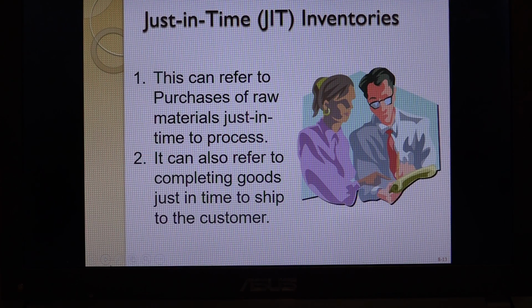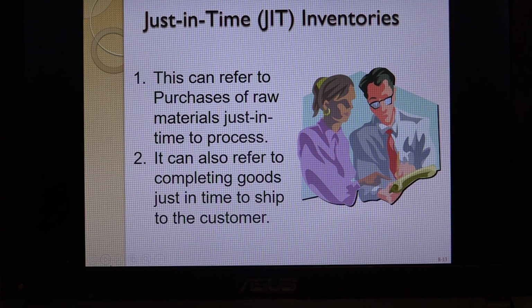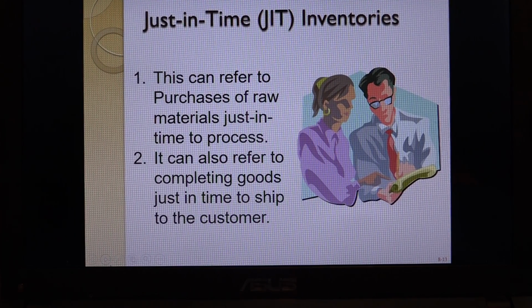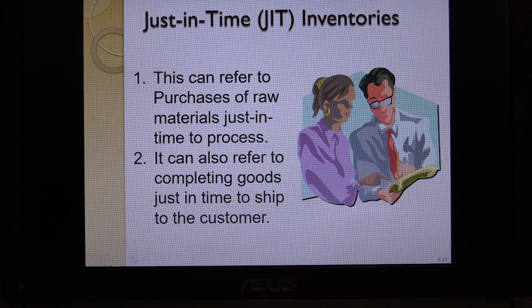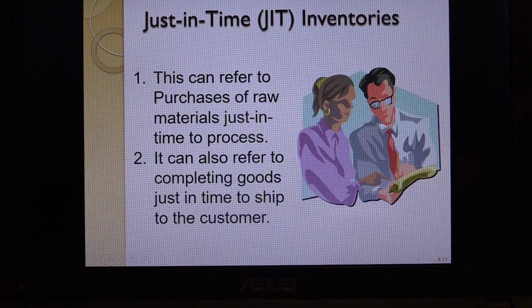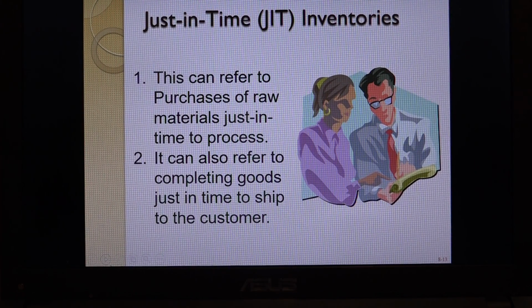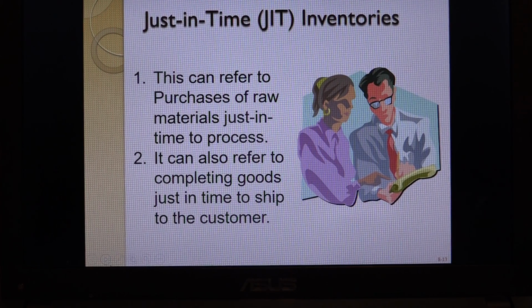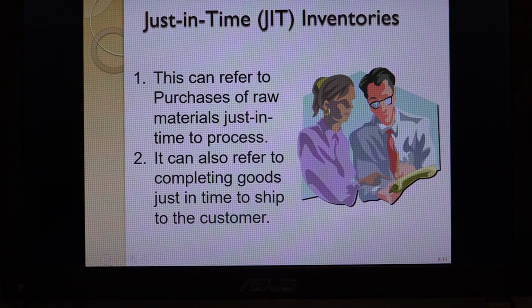Now, a lot of firms have gone to what we call just-in-time inventory systems. Remember where inventory is in your financial statements. It's considered a current asset. It's something that's going to be used up and converted to cash within the next 12 months. But once you buy inventory, it's not liquid anymore. If you buy the inventory and it sits there, you've already had an outlay of cash, and if it just sits there and doesn't sell, it gathers dust and doesn't do you any good.